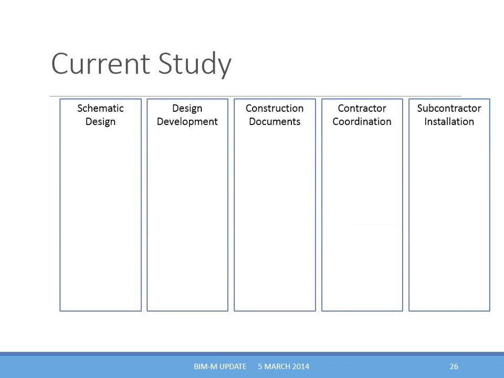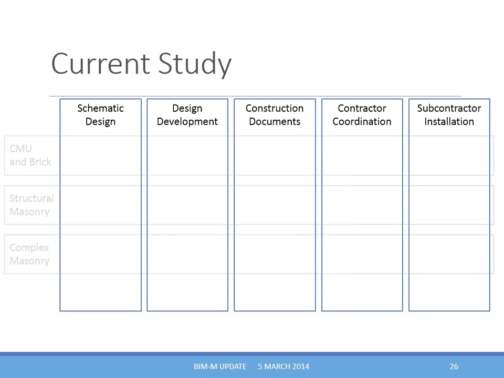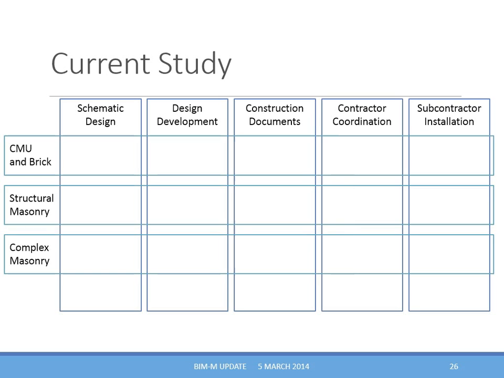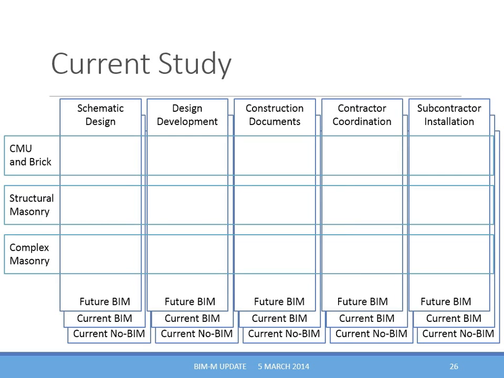What we're doing right now is we're developing a study to try to look across this dimension and to benchmark where we are, where we could be in the short term, and where we could be in the long term in all of these phases. So looking at each of these different project types across these different phases using these three different types of technologies.